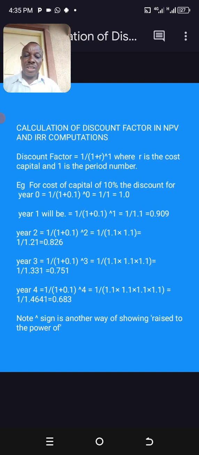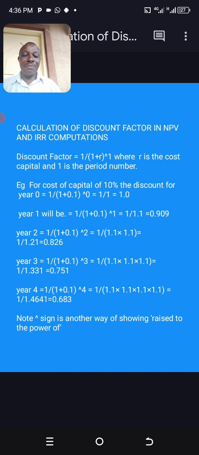Now, for year 0, as you can see in the slide, if we apply the formula, then we have 1 over (1 plus 0.1) raised to the power 0. Now, you remember in your elementary indices, any number raised to the power 0 is equal to 1.